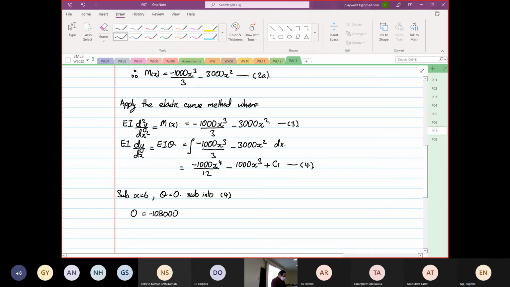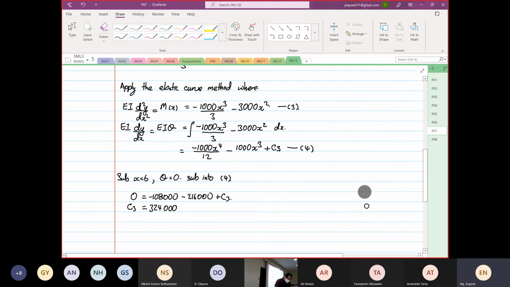Let me do it again: 6 to the power of 4 times 1000 divided by 12 is 108000. Minus 1000 multiplied by 6 cubed, 216000, plus C3. Sorry, I should not call it C1, it's C3. So C3 is equal to 108000 plus 216000, which is 324000. That is our C3.